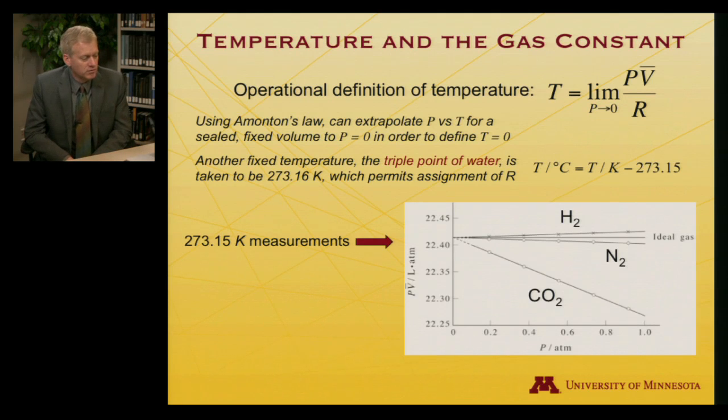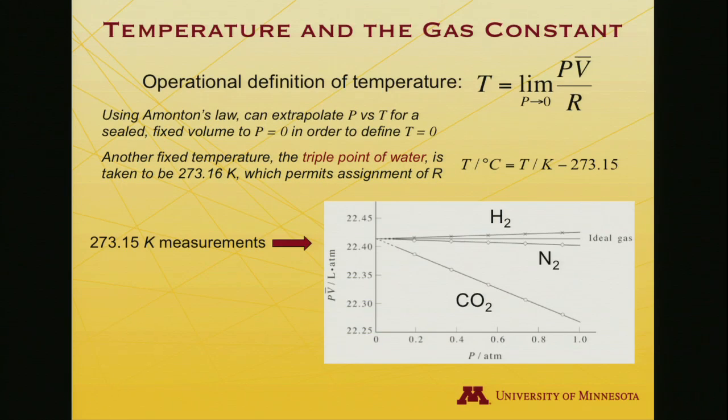So let me show you the measurements that might be used in order to advance these concepts I've just been describing. So what I've got here is a plot of pressure times molar volume, so that's the numerator in this expression up here, versus pressure. As I take the pressure from atmospheric, that's going to be 1 atmosphere, all the way back to 0.